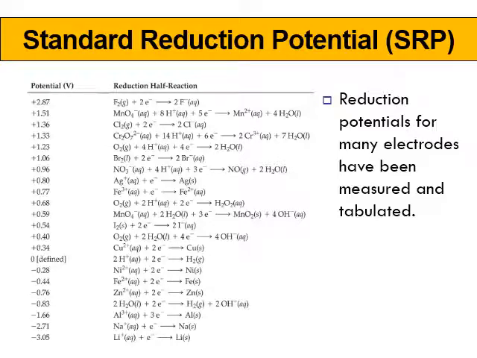This table only refers to reduction. So if your half cell undergoes oxidation, you have to reverse the equation and also the potential. The more positive is seated on the top, the negative on the bottom.